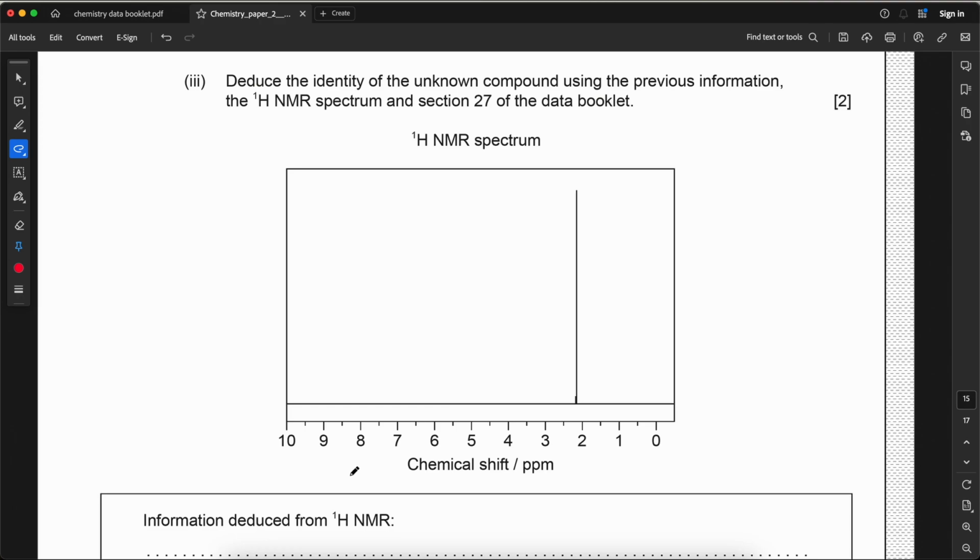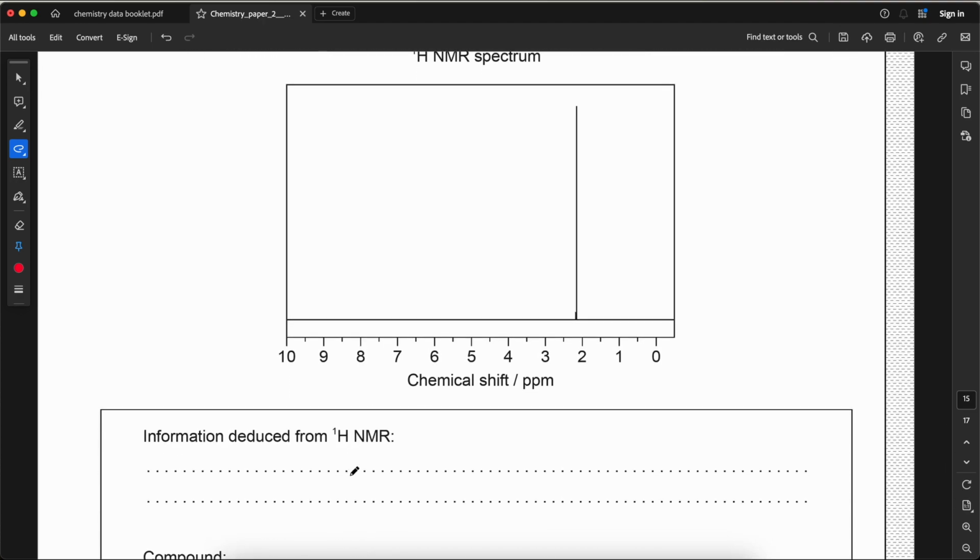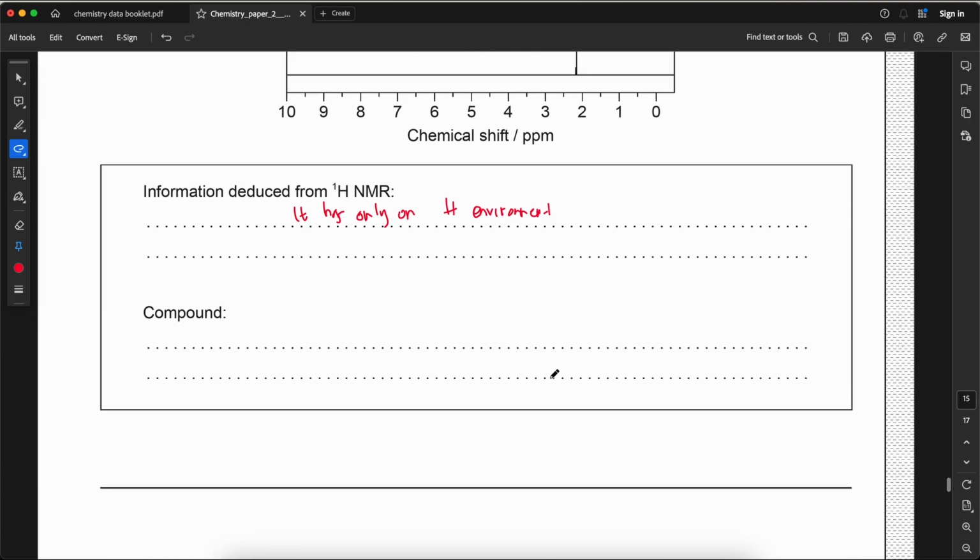Deduce the identity of the unknown compound using the previous information, the H-NMR spectrum, and section 27 of the data booklet. As you can see, here is one signal only. So it means it has only one hydrogen environment. It means the molecule itself is symmetrical because it has only one H environment.